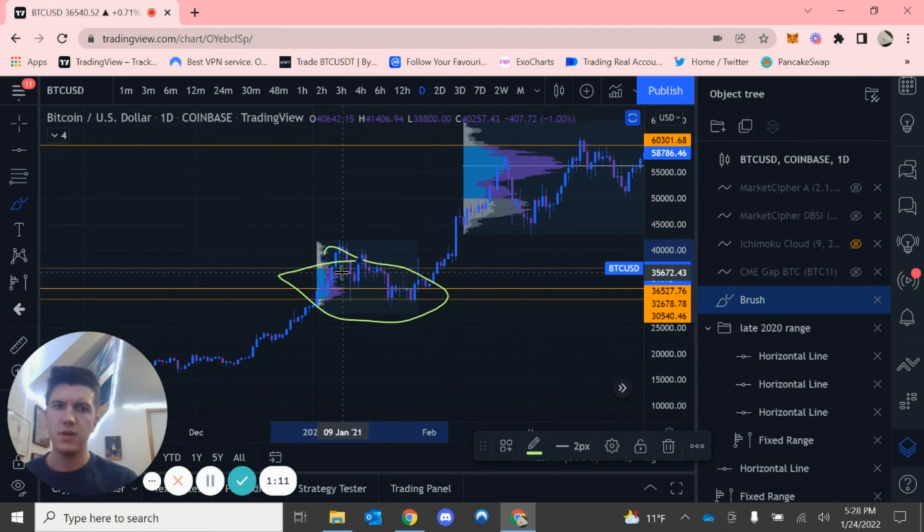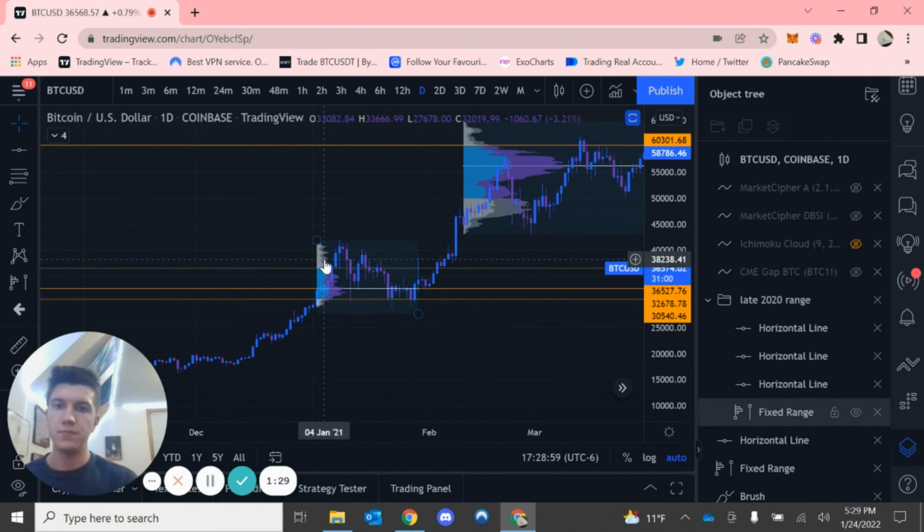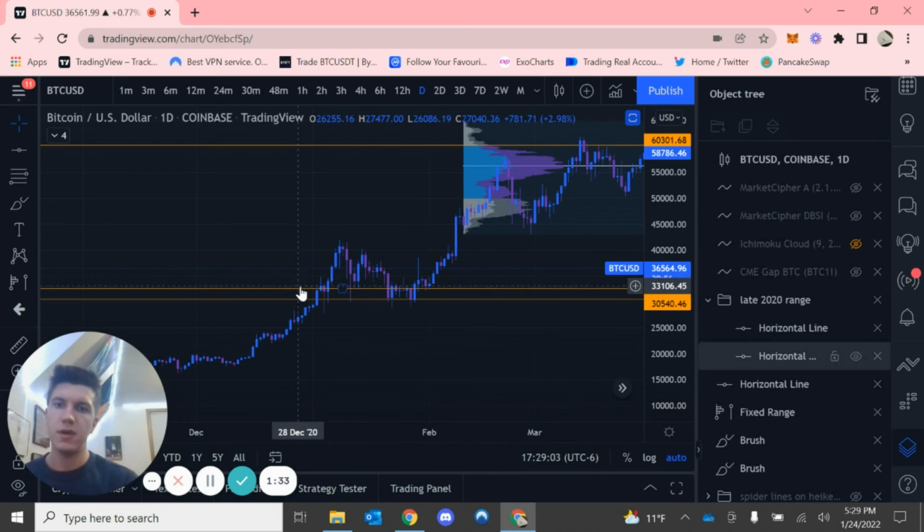For example, if price were going to come in between 36,000 and 30,000, give or take, these are still levels that price would respect in the range. And so it's a handy tool to have too.